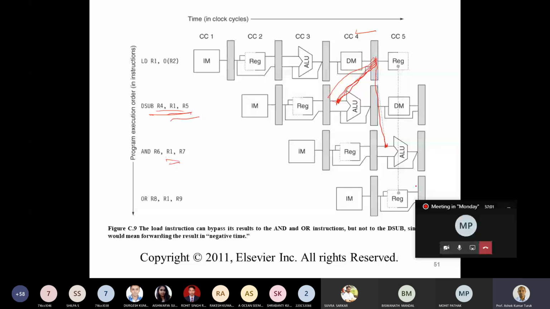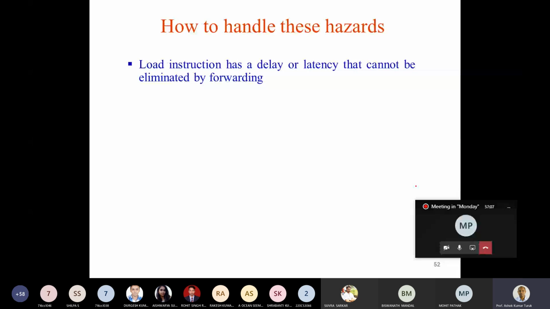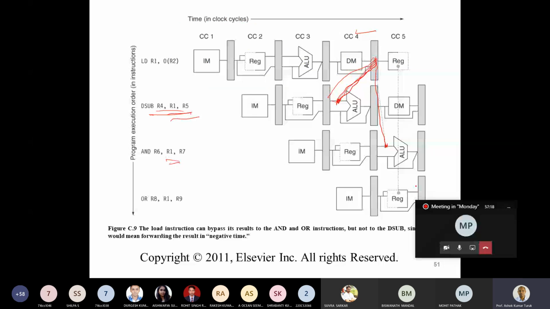In the previous example, if you have a load instruction and you are immediately using the result of the load instruction, then a stall will always be required. So if a load instruction is immediately followed by any instruction that uses the result of the load instruction, then there will be a stall.